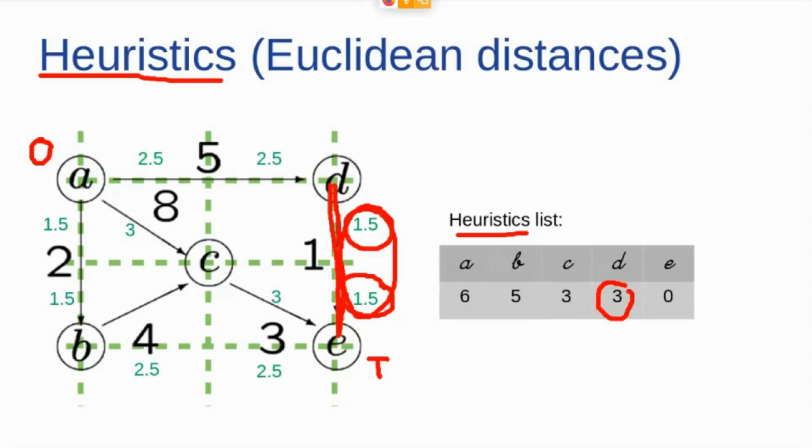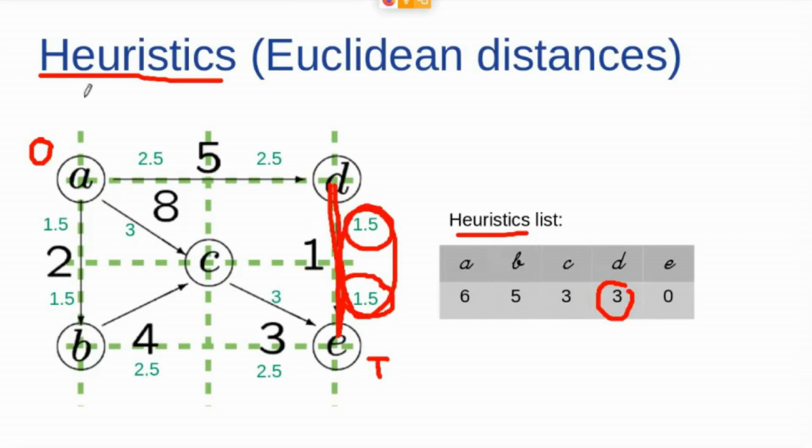It's like an estimation of how much it costs when going from Terrassa to Barcelona. That's the idea. And the best consideration of heuristics should be an under consideration of the real cost. What do I mean with this? As you can see here, the distance from D to E is 3.